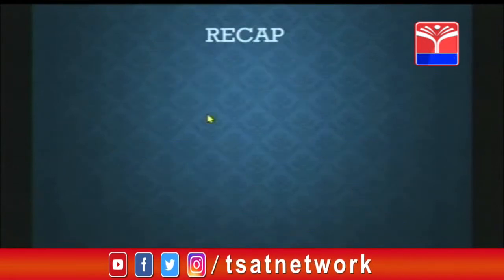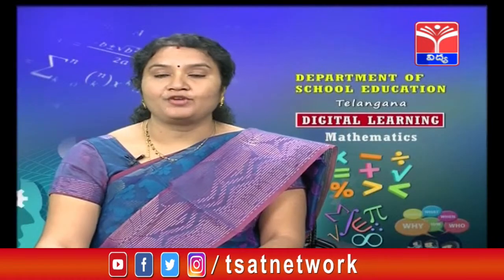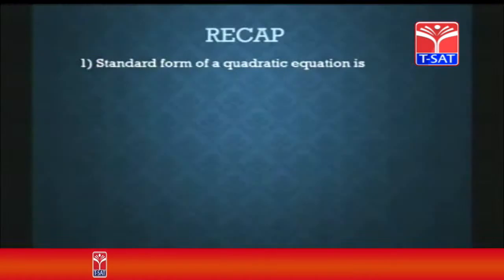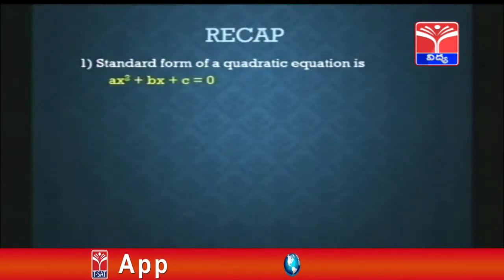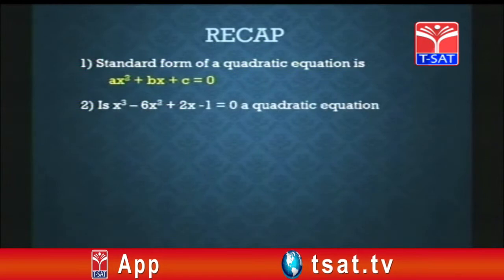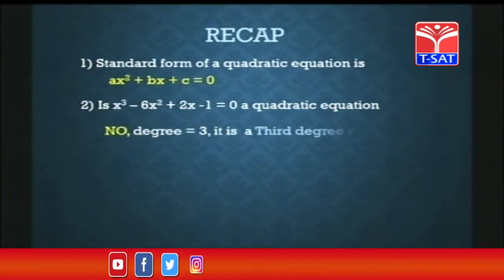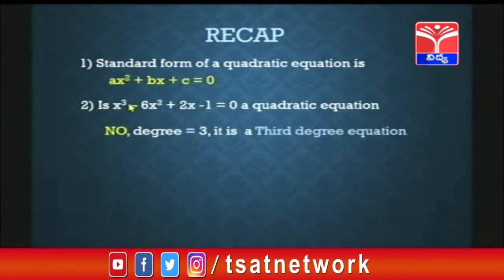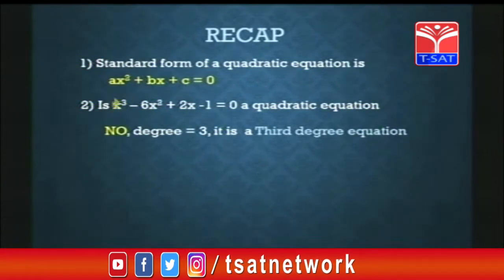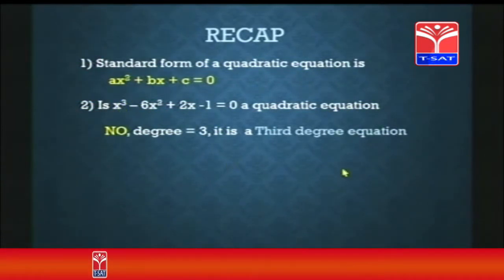Now, let us have a quick recap of the session. Standard form of a quadratic equation is ax square plus bx plus c is equal to 0. Is x cube minus 6x square plus 2x minus 1 equal to 0 a quadratic equation? No. As you can see, the highest degree of x here is 3, so it is a third degree equation.